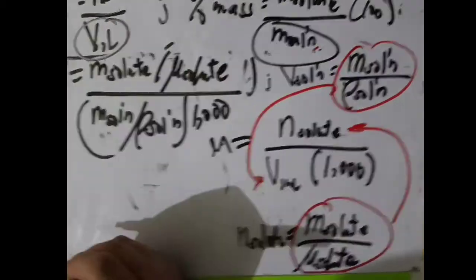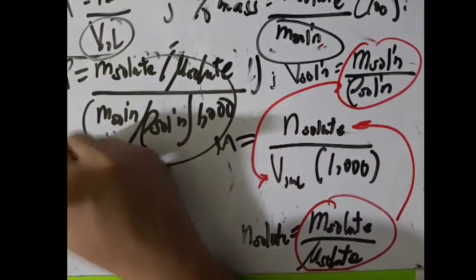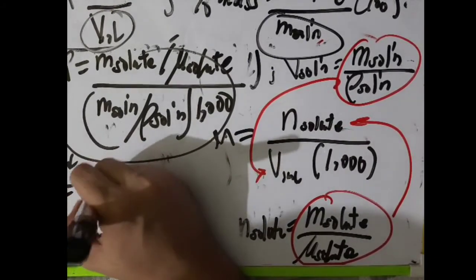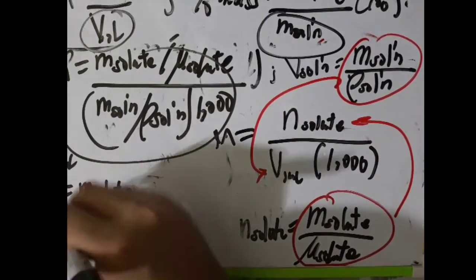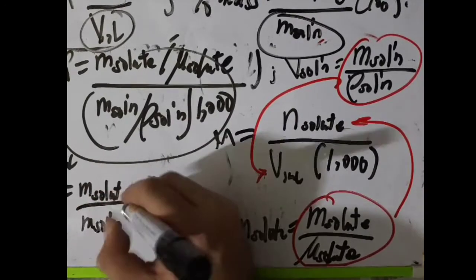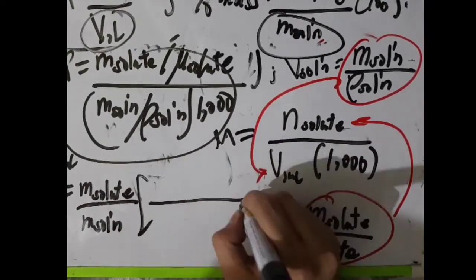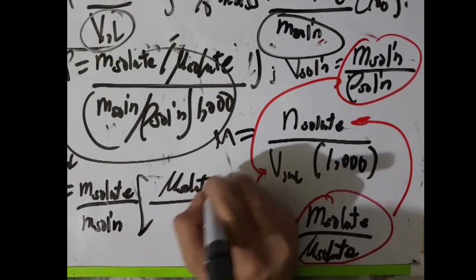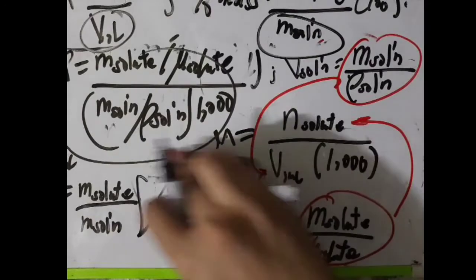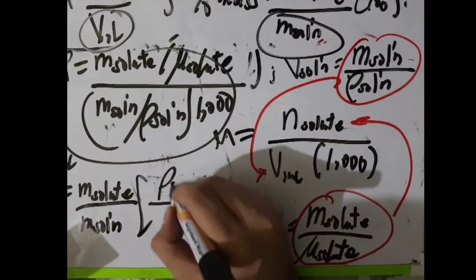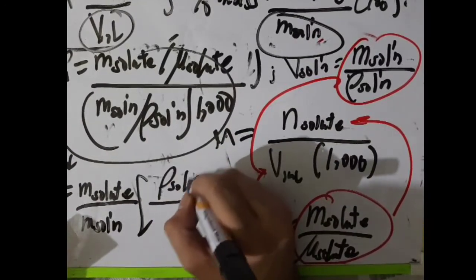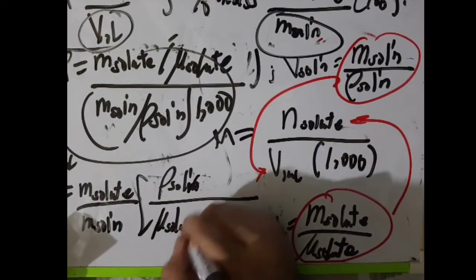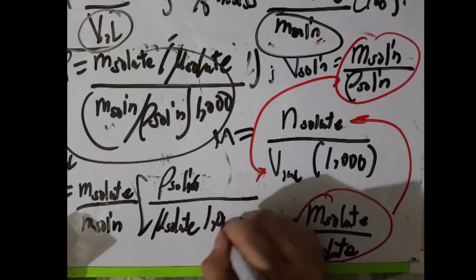Rearranging this equation will give you molarity is equal to the mass of the solute divided by the mass of the solution multiplied by the density of the solution, sorry, not molar mass, divided by the molar mass of the solute times 1000.